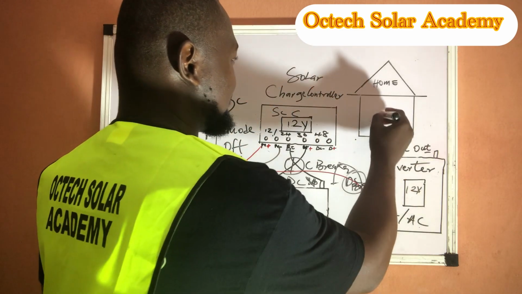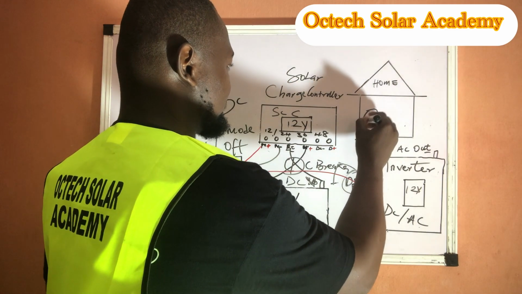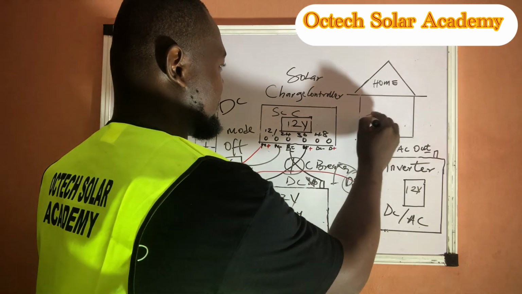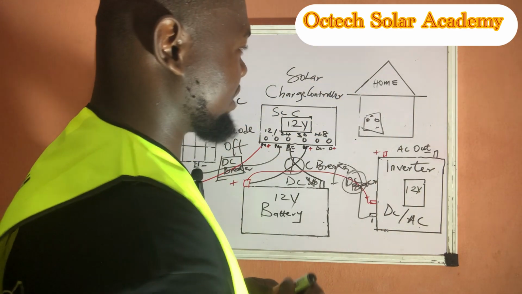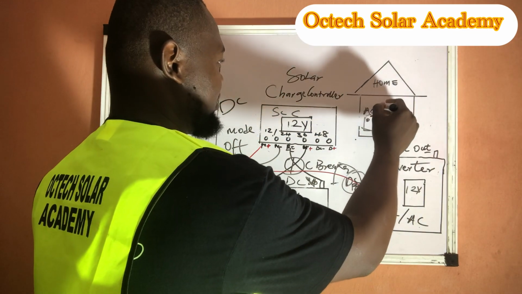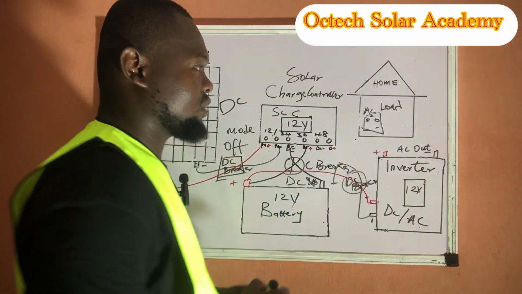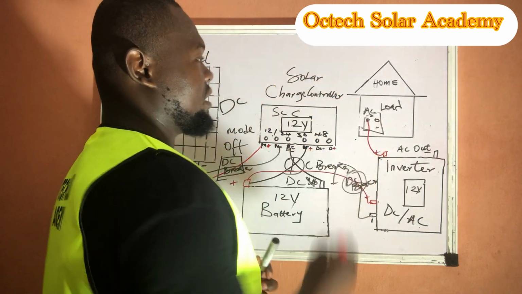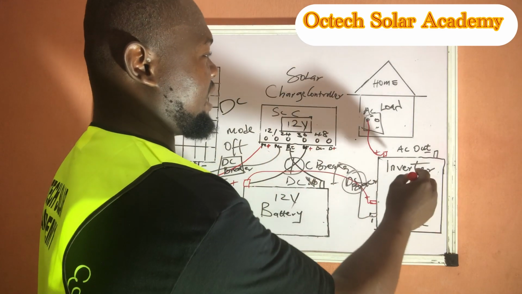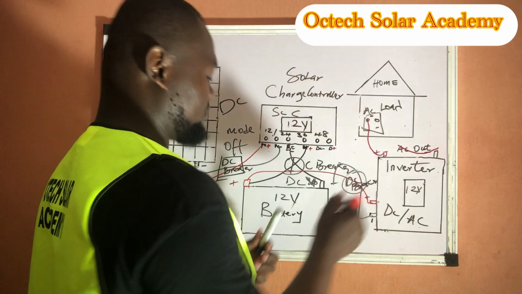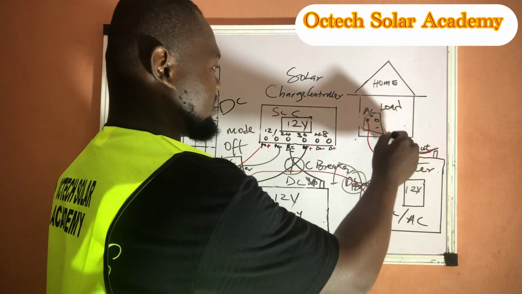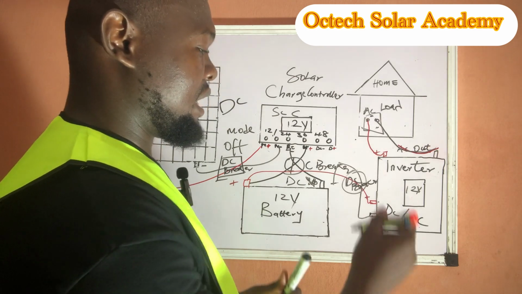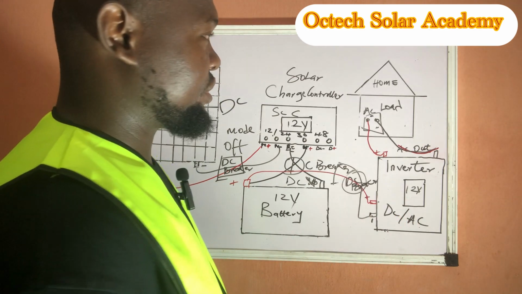This is our house. This is our socket. This is our AC loads. All we need is just for us to take this and merge it to the negative and positive side of the AC output, the negative side terminal of the output voltage.